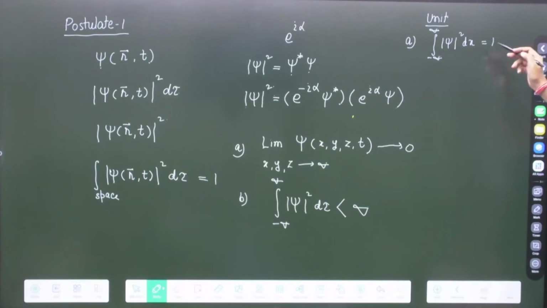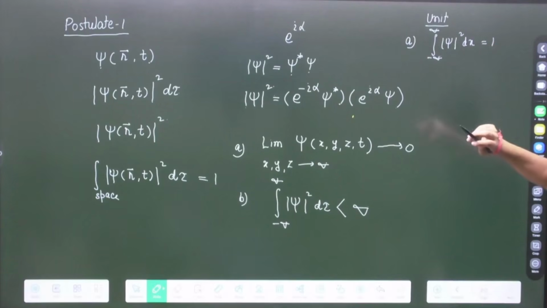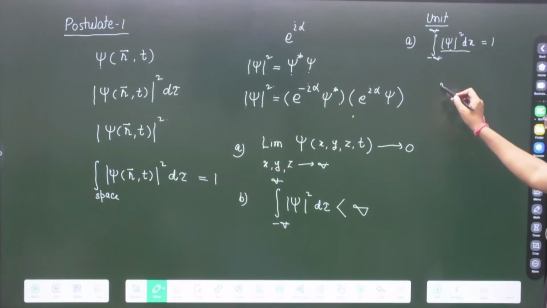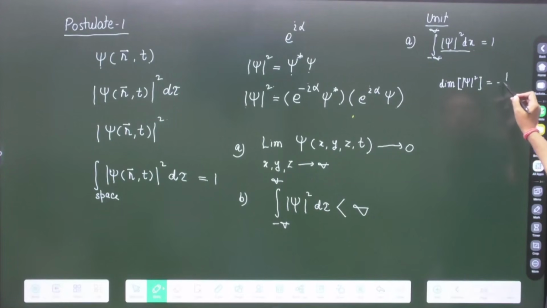What is this on the right hand side? This is probability. What is the dimensional unit? It is dimensionless. Probability is the ratio, a dimensionless quantity. So psi square dx should be dimensionless. So the dimension of psi square will be 1 upon the dimension of x.